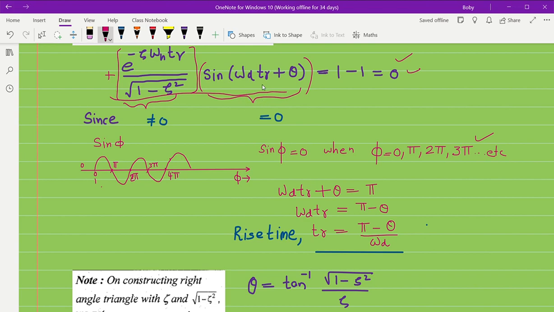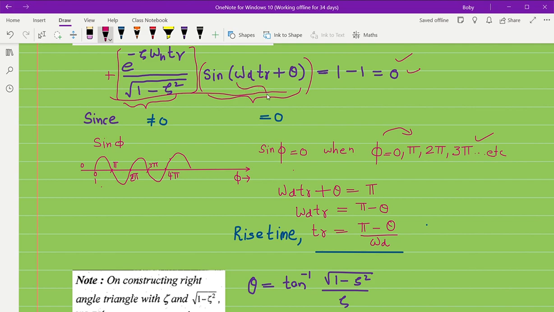We are taking a typical case, where phi is equal to pi. At phi equal to pi, the sine term becomes 0. So here we have to consider sine phi equal to 0 with phi equal to pi.